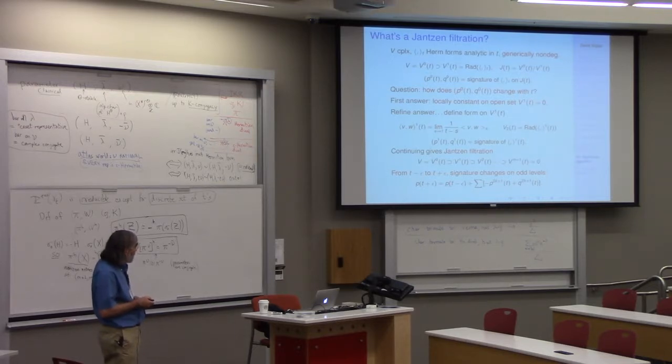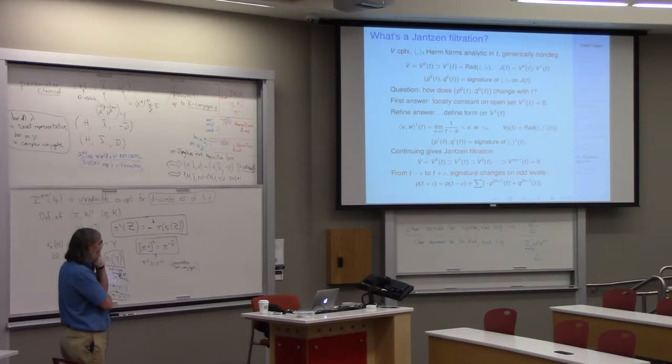So when you go from T minus epsilon to T plus epsilon, you get changes coming from the odd levels of the Janssen filtration.